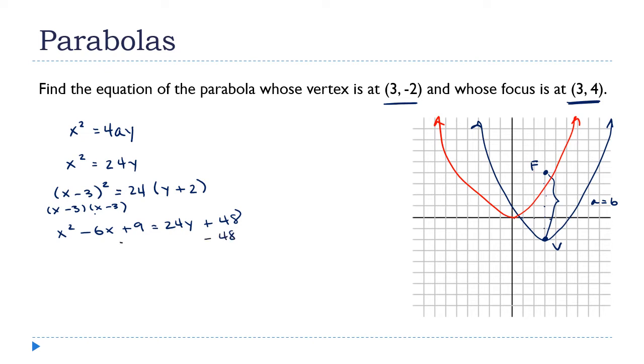Let's subtract 48 from both sides. x squared minus 6x minus 39 equals 24y. And then ultimately we're solving this for y. So if you divide both sides by 24, y is x squared minus 6x minus 39 over 24.